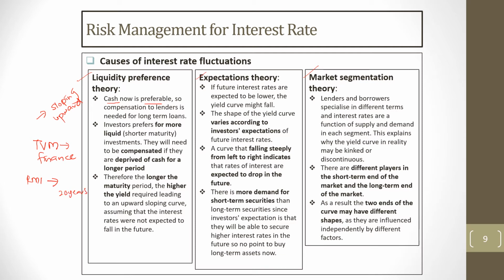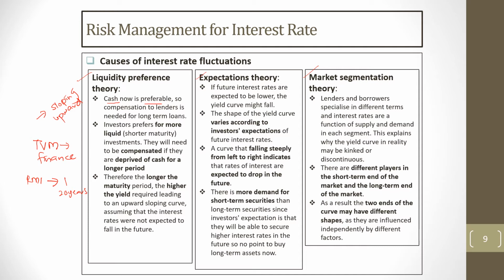For another years lah, dia akan berbeza, semakin banyak duit, the amount is different. So itu yang dia pegang dalam liquidity preference theory. So that's why the longer the maturity period, the higher the yield. Disebabkan the theory yang dia orang pegang on the time value of the money.